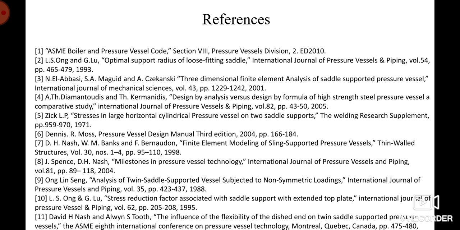And also some of the research papers were referred during research, like A.L.S. Ong and Lu research on the optimal support radius of loose fitting saddle, and Abbasi and Maguire research over three-dimensional finite element analysis saddle support pressure vessels. So all these are bibliography or the references which had been referred to during the preparation of this project.